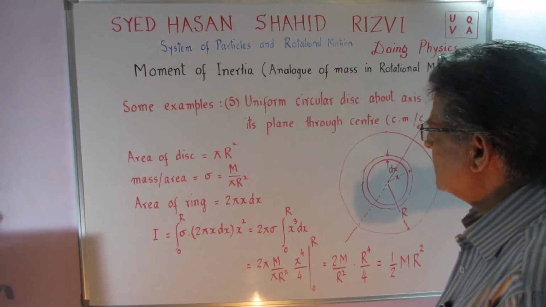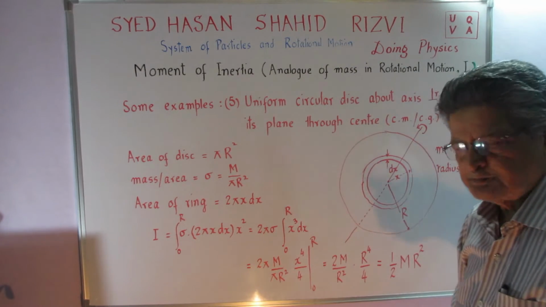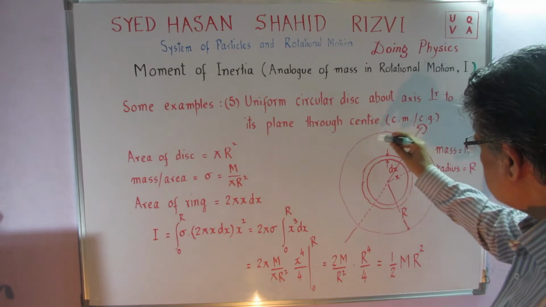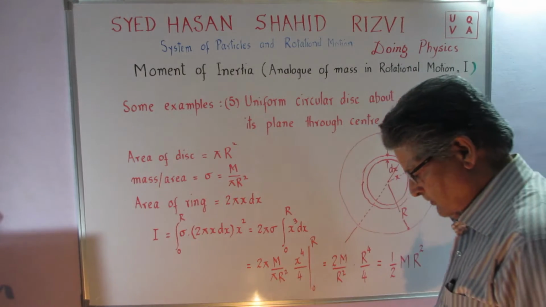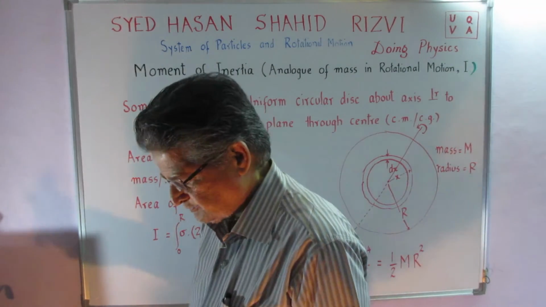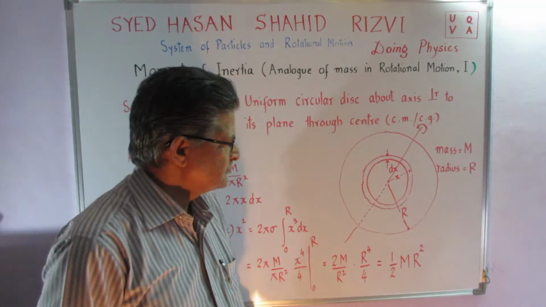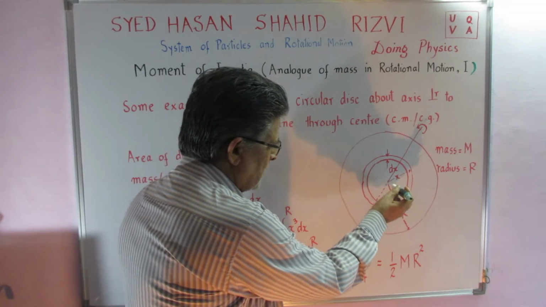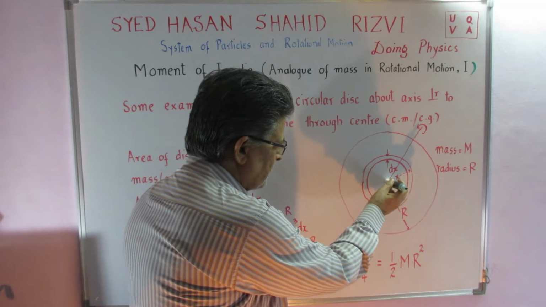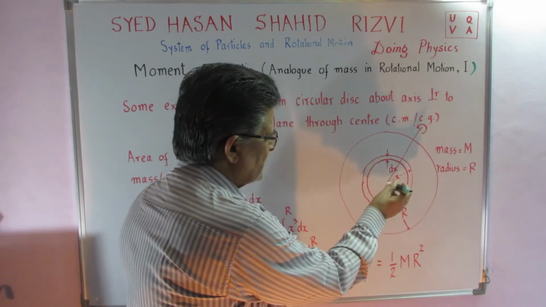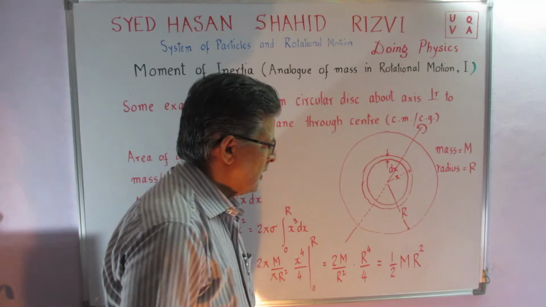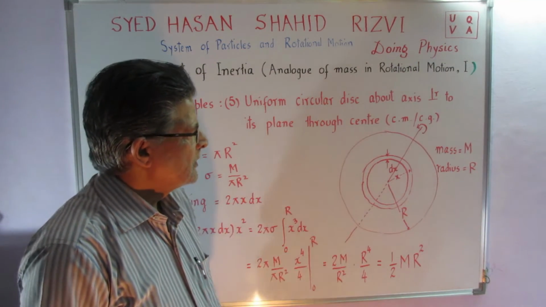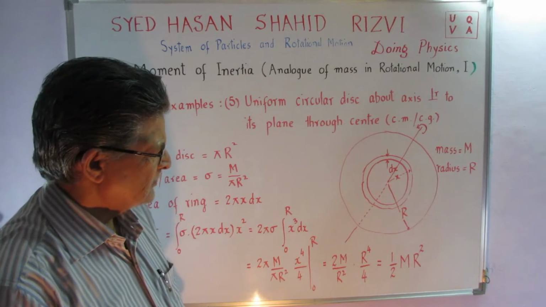So the next example, I take a uniform circular disc about an axis perpendicular to it. This is the disc, a uniform circular disc in known geometry, and the axis is passing through its center of mass. The axis is passing through its geometrical center over here, perpendicular to the plane containing the circular disc.